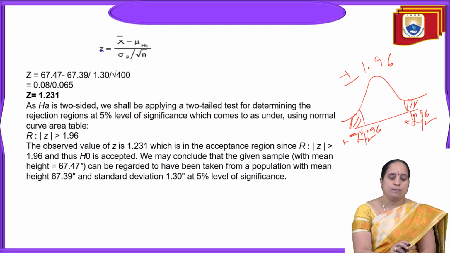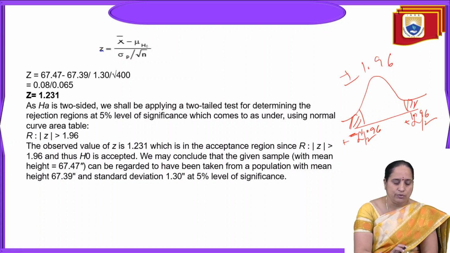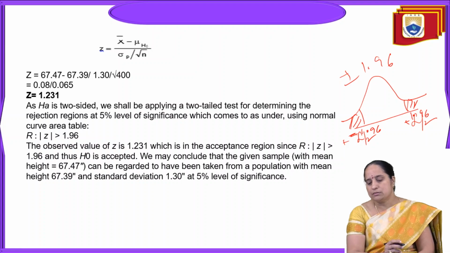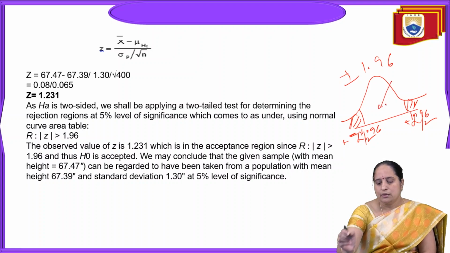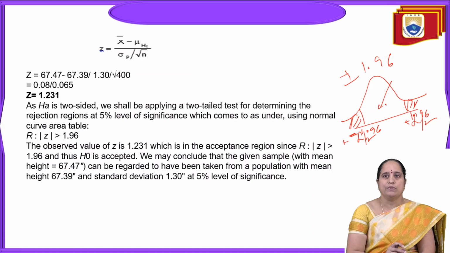Just compare the test statistic calculated value with the critical value. The calculated value is 1.231 and the critical value is 1.96. So it falls in the acceptance region. Hence we have to accept the null hypothesis.